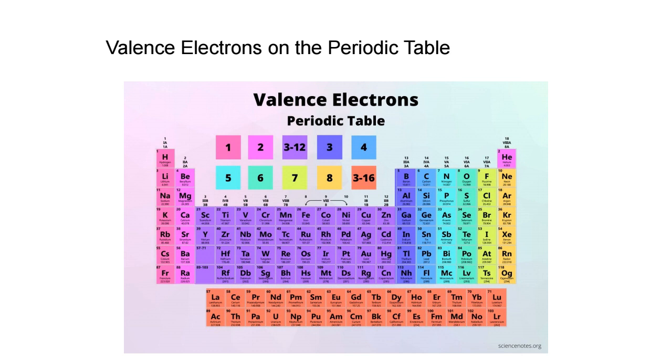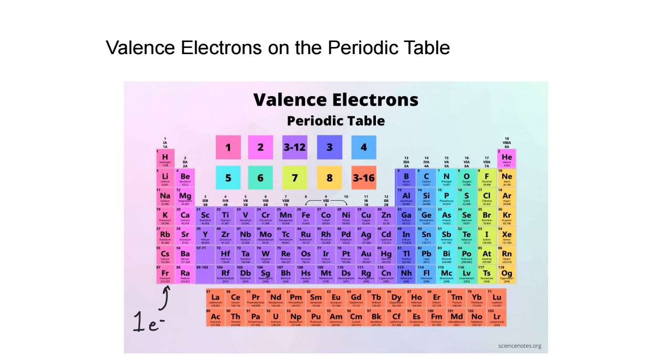So here's a useful diagram to add to your notes. You don't have to draw out a perfect periodic table, but you can sketch one. I think it's really important to note that all of the elements in group 1 have 1 valence electron. Even though lithium has 3 electrons and a neutral sodium has 11, because of the way that they fill in those orbitals, they both just have 1 in the outermost orbital available to bond.